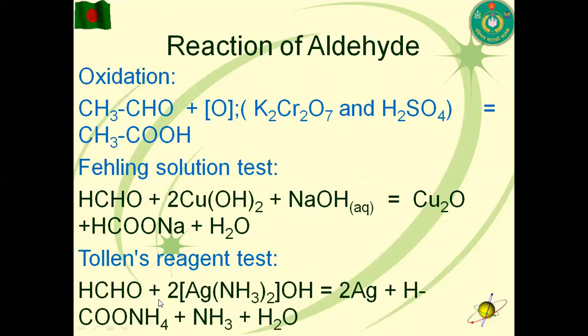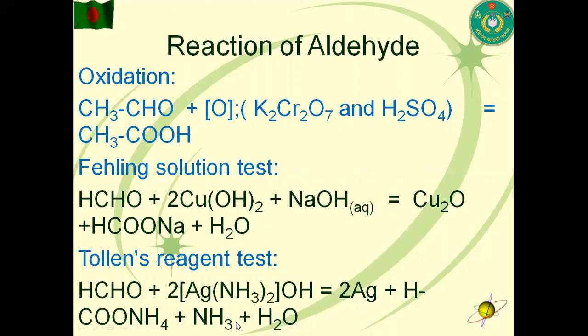Tollens reagent test. There is another test for the aldehydic group. It reacts with diamine silver hydroxide, and the product is a silver mirror. This is the specific test of aldehyde, which forms a silver mirror. And the byproducts are ammonia and water.